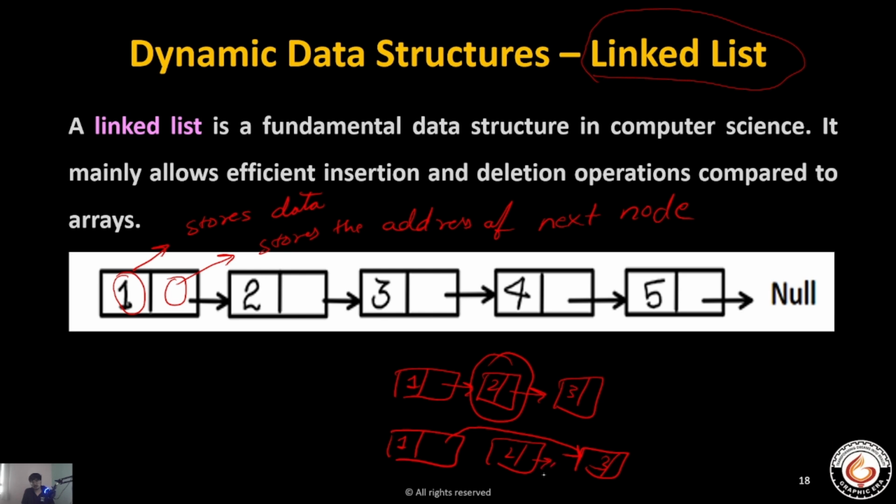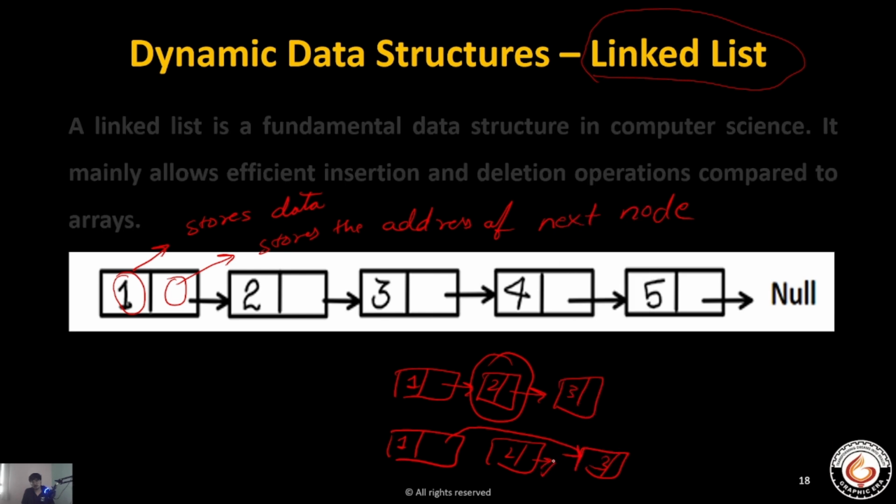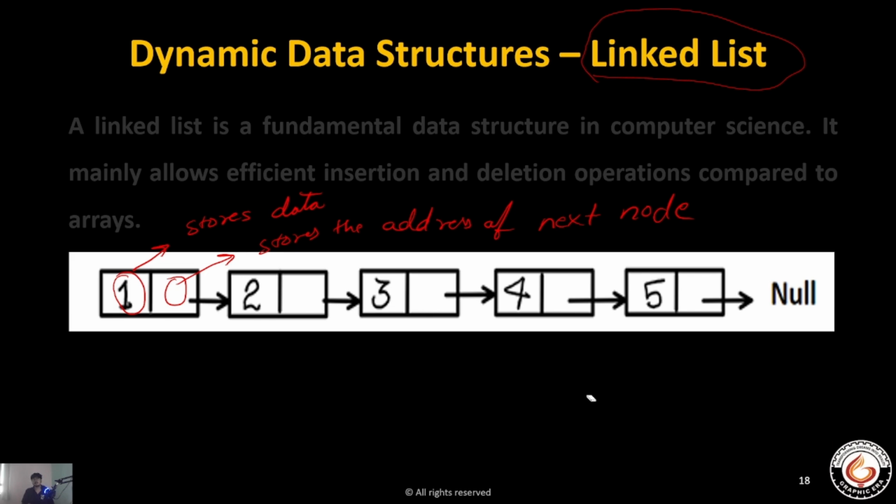Then we will delete the second node. So this is how deletion is easy in a linked list. That's why a linked list is more flexible than arrays.